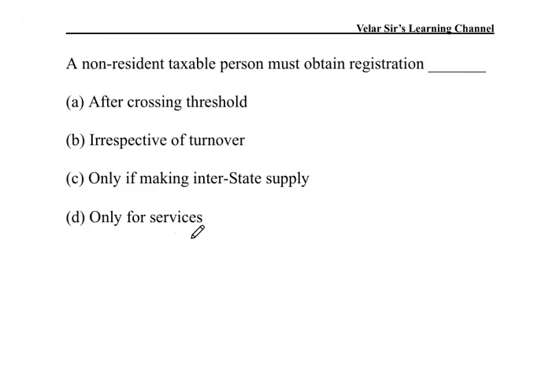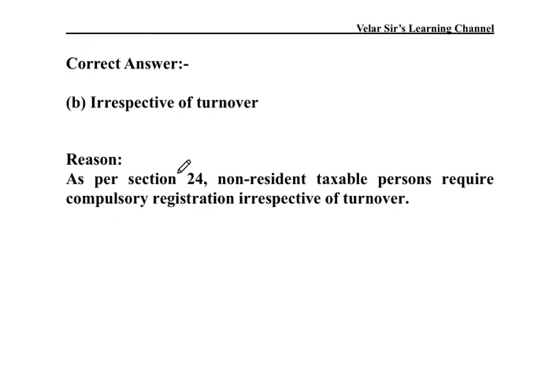The right option is B, irrespective of turnover. Reason: as per section 24, a non-resident taxable person requires compulsory registration irrespective of turnover. NRTP, the non-resident taxable person, must take registration compulsorily irrespective of his turnover. That is the correct reason.